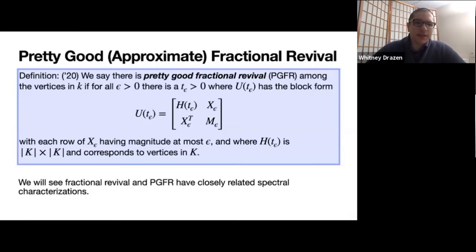So basically, it gets arbitrarily close to that block diagonal form that we saw in our definition for fractional revival.